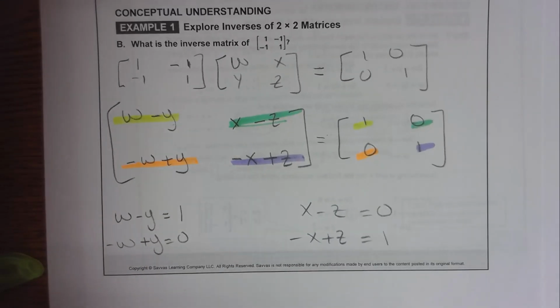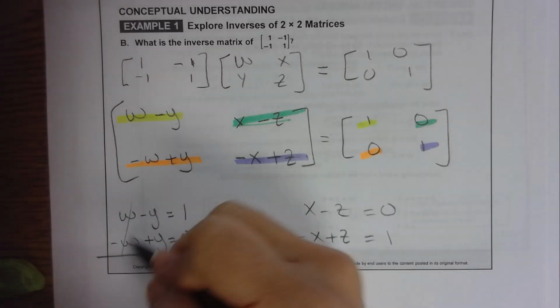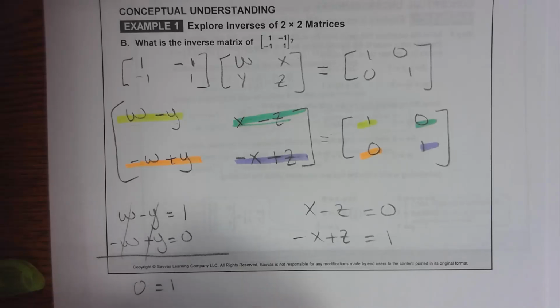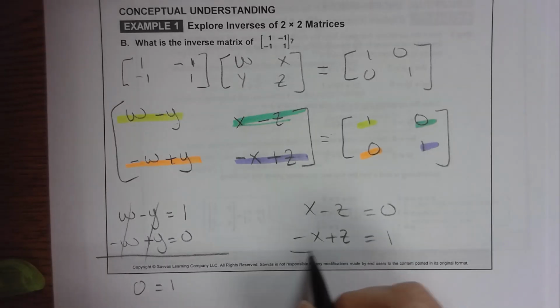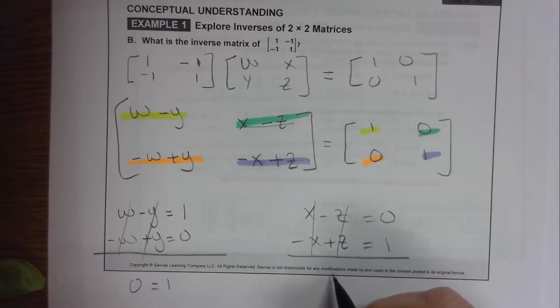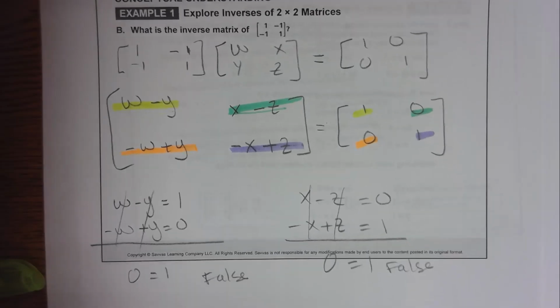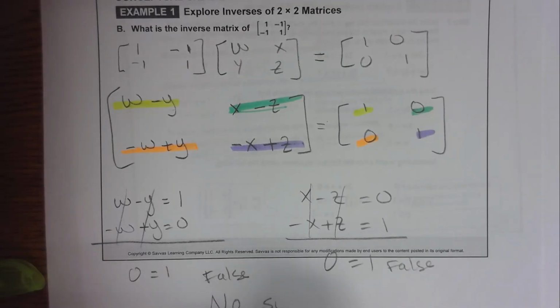Okay, so back to solving systems, we can solve this by elimination. If I add here, these go away and I get 0 equals 1. If I add here to eliminate, also these cancel and I get 0 equals 1. Both of these are false. I cannot solve this system. Okay, there is no solution because I get a false statement.